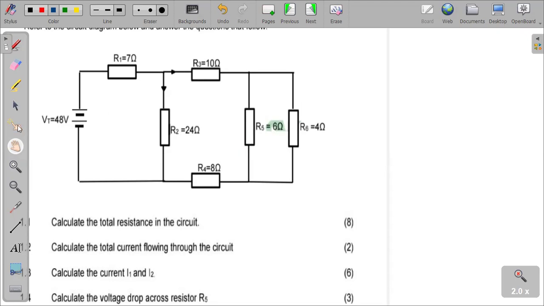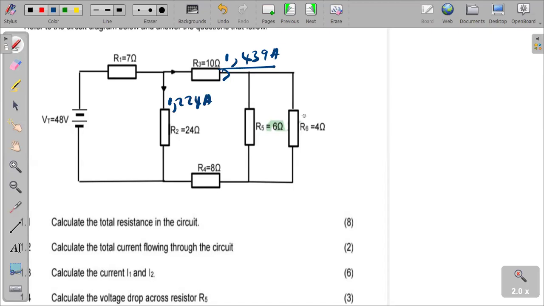We can simply say, what was the current flowing towards this direction? We calculated and got 1.439 amperes. And what was this current here? We say it is 1.224, the one we have just calculated there.